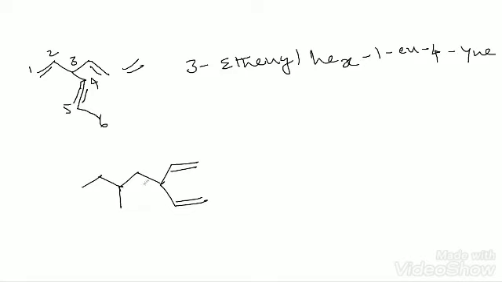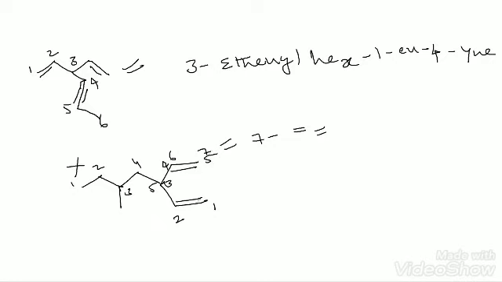Suppose you want to select the longest chain: 1, 2, 3, 4, 5, 6, 7. Here we are getting 7 carbons, but we have only 1 double bond. According to the rule, we have to include the maximum number of double bonds. So that's why we cannot choose this one as the parent chain. We have to choose a parent chain like 1, 2, 3, 4, 5.